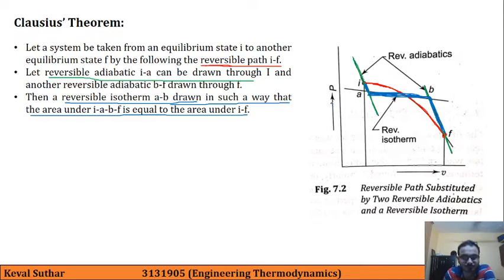So we can apply the first law for process I to F, which is our reversible path, that is, our original process.